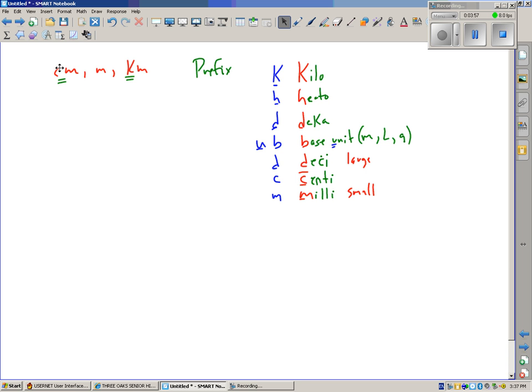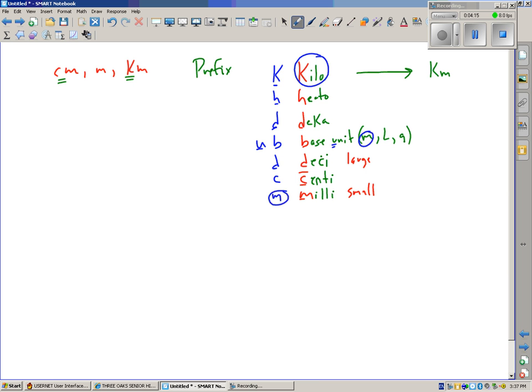Most people know that a kilometer is bigger than a meter, right? And they know that a millimeter is smaller than a meter. So how it works is these are the prefixes, but then you have to put whatever you're measuring.